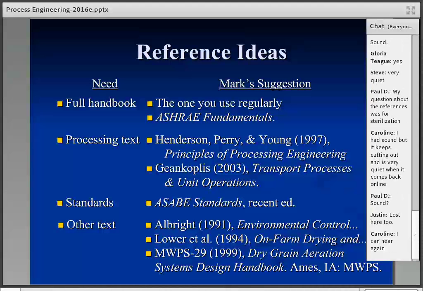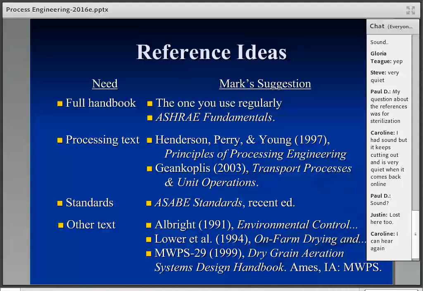So this is a list of reference ideas. I've mentioned most of these already. ASAE Fundamentals has a lot of basic data. Processing text we talked about. ASAE standards, probably heard about before. And in upcoming examples, I'll refer to some of the specific standards particularly applicable.